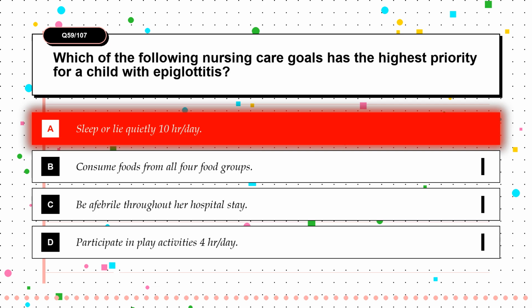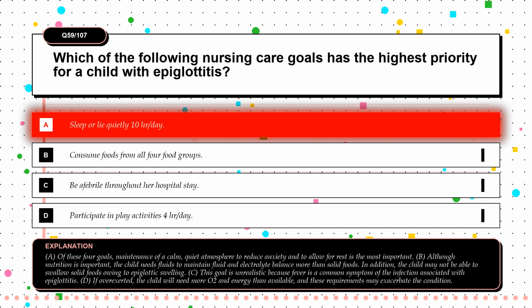The correct answer is option A. Sleep or lie quietly 10 hours/day. Of these 4 goals, maintenance of a calm, quiet atmosphere to reduce anxiety and to allow for rest is the most important. Although nutrition is important, the child needs fluids to maintain fluid and electrolyte balance more than solid foods.